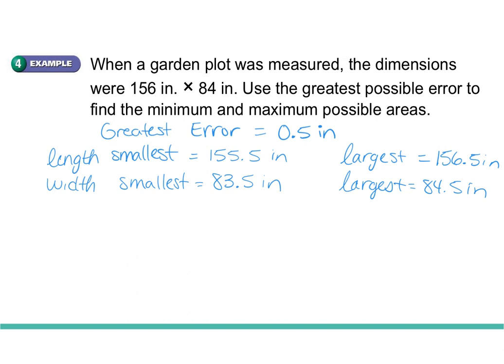Well, they want us to figure out what our minimum and maximum possible areas could be. So to find area, we need our area formula, which is just length times width. So then to find our minimum, we would take our smallest length and width and multiply them together.